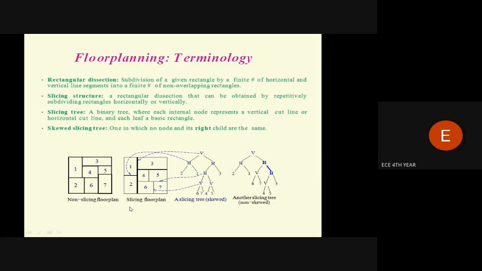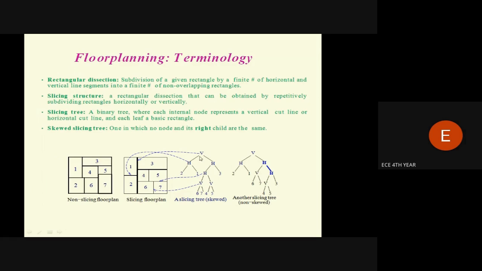What do you think? Which kind of floor planning technique is better, slicing one or non-slicing one? Slicing one is better. Why? Because we can represent this slicing floor plan with a binary tree. In the data structure, we know that in a binary tree there are children, right child and left child.